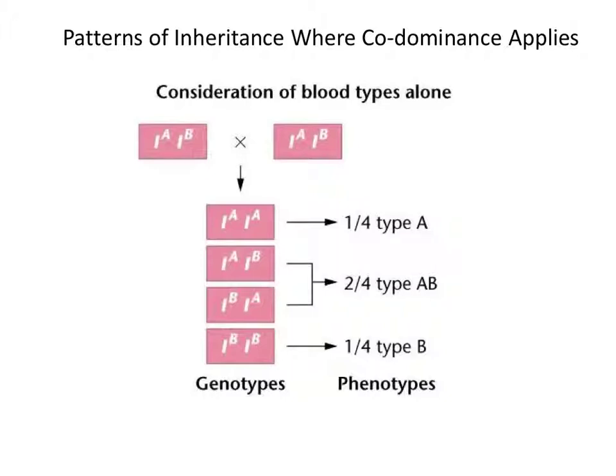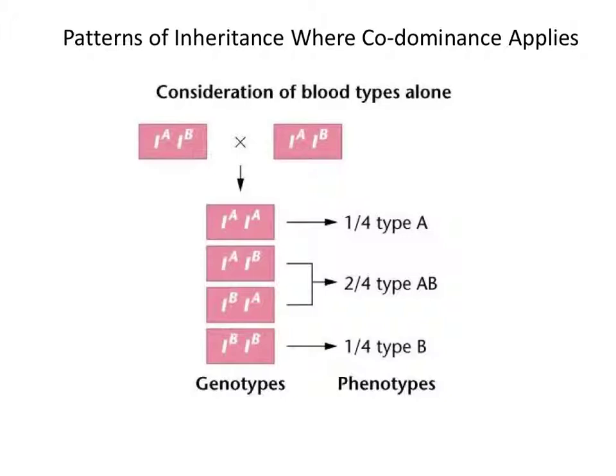Let's say that two heterozygotes for the IA, IB alleles have offspring. What would we predict or what would we expect in the offspring? Unlike a scenario where we have simple dominance and recessiveness governing the relationship between these two alleles, which we know not to be the case here, in that traditional case you'd have a 3-to-1 ratio of dominant to recessive in the offspring.